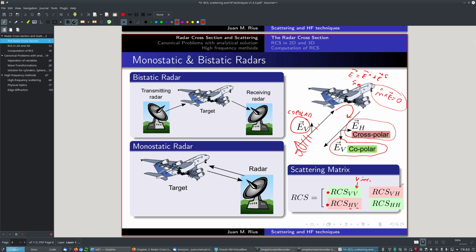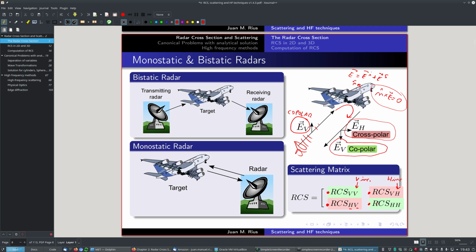But we have to make the computation also for horizontal incident polarization. In this case, the copolar polarization will be horizontal, and we measure or compute the scattering both at the horizontal polarization, which in this case is the copolar one, and the vertical polarization, that in this case is the cross-polar one.